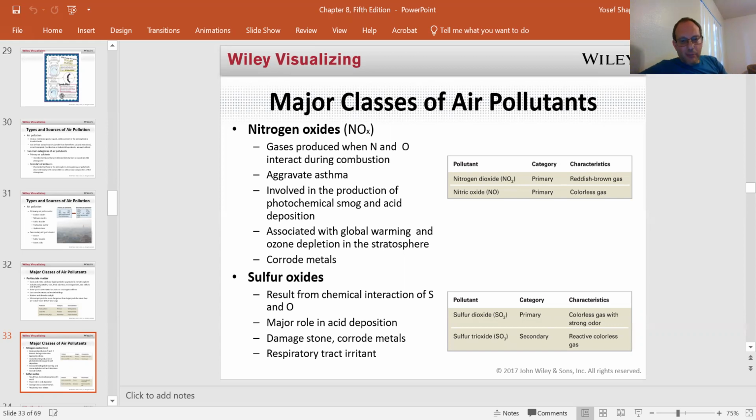Now, let me see if I can pull up my pollution pictures. Hold on a second. I want to show those to you so you can see what we're talking about. The pollution, come on. Here. Oh, it always looks disembodied when I do this. Air pollution pictures. Here we go.